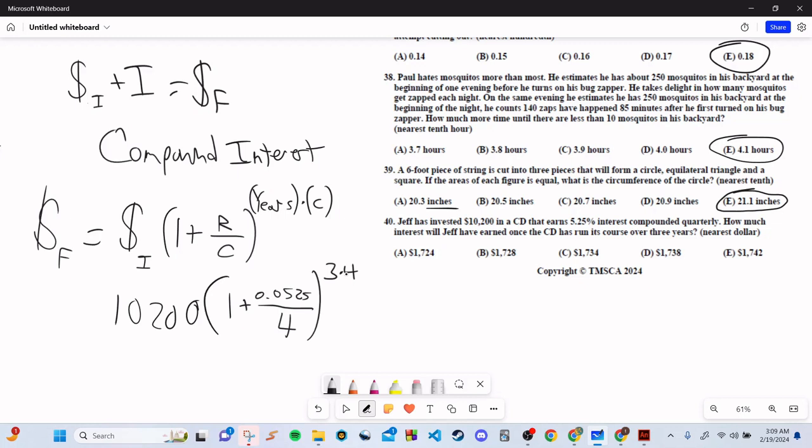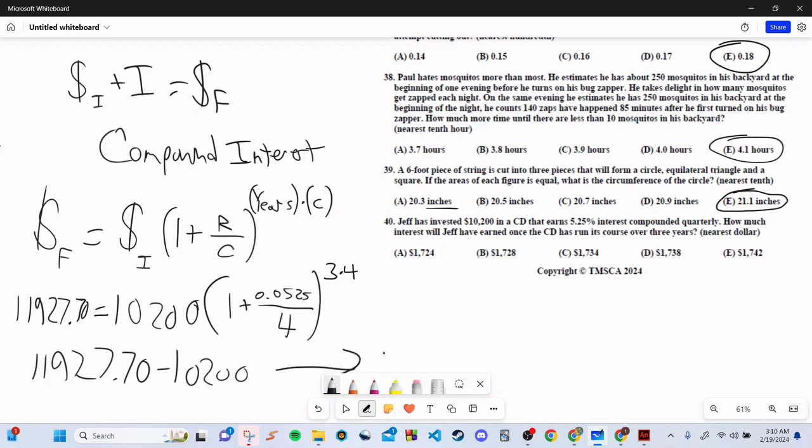And so if we type this out, we get that this is going to come out to $11,927.70. So now we're going to take this final amount we earned, subtract our initial, round it to the nearest dollar, and so that's going to come out to $1,728. So that's going to be answer choice B.